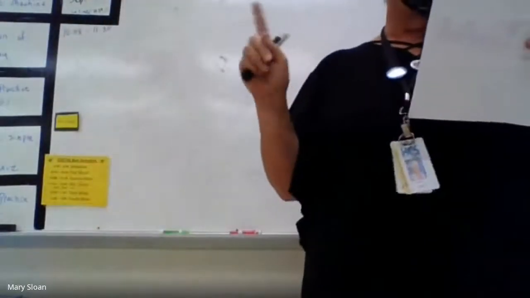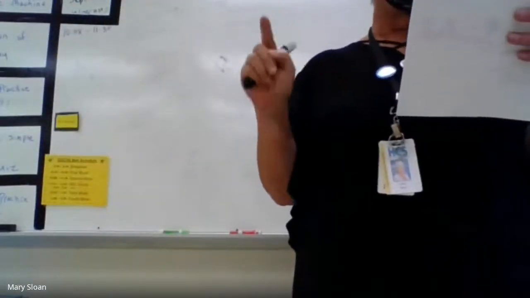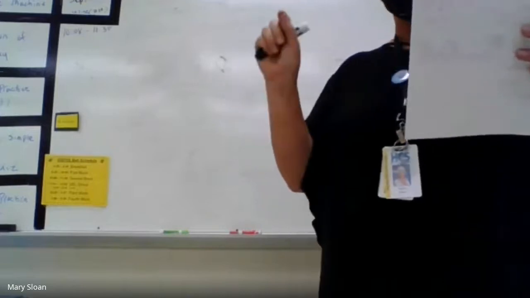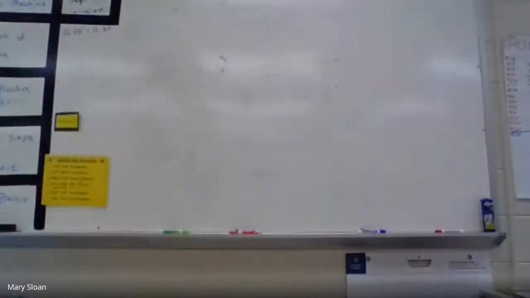Okay? Number 2. Which of the levers pictured is a first-class lever? So let's look over here. Over here we have our first, second, and third class lever, right? Our first class lever should have an effort, a resistance, and a fulcrum, right?